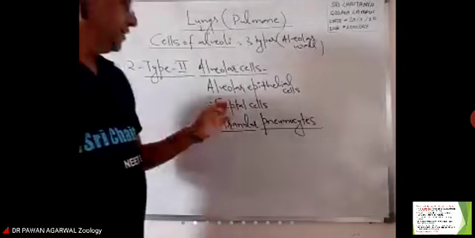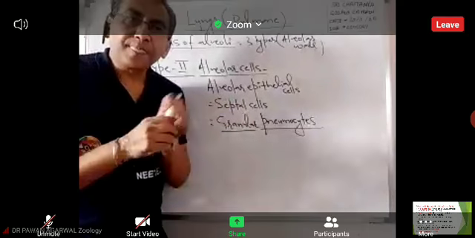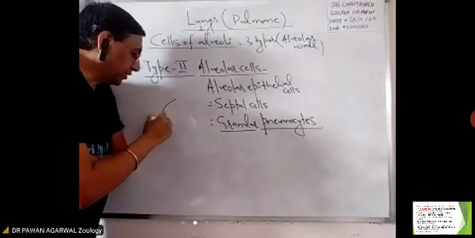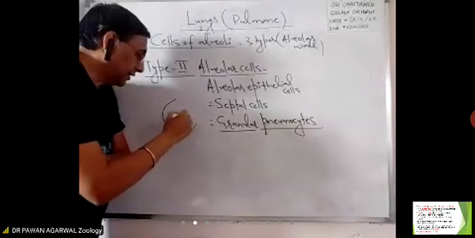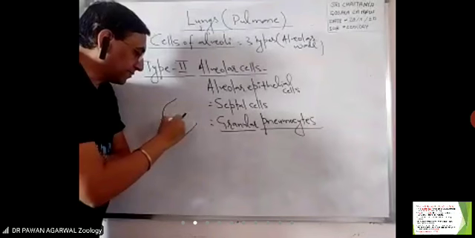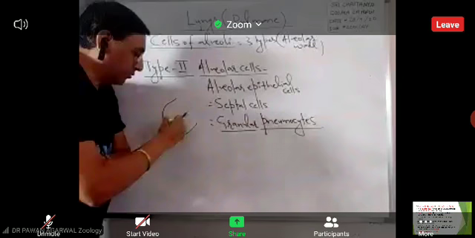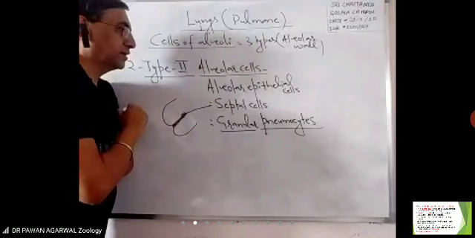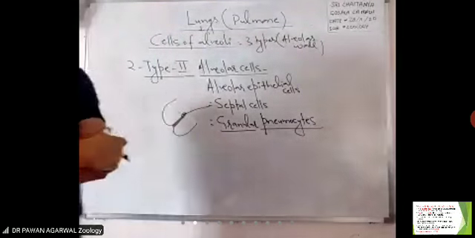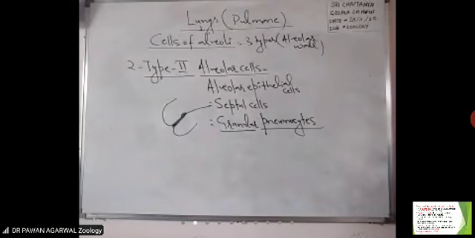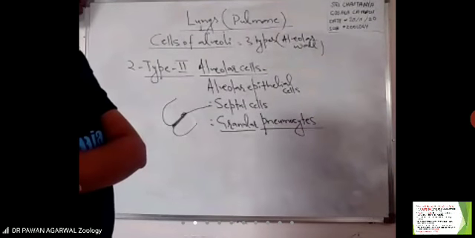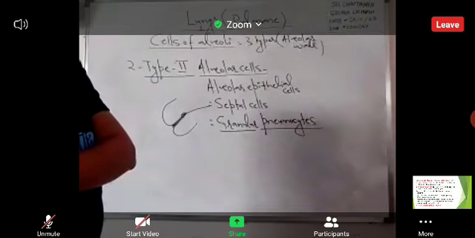Septal cells means they are present in the septa. Between two alveoli, there is one septum. So where are they present? They are present in the septa between two alveoli.